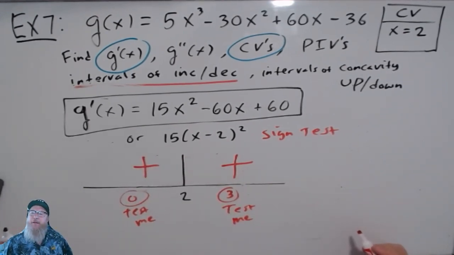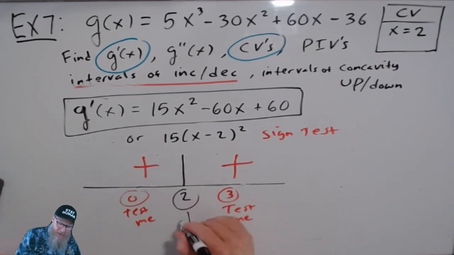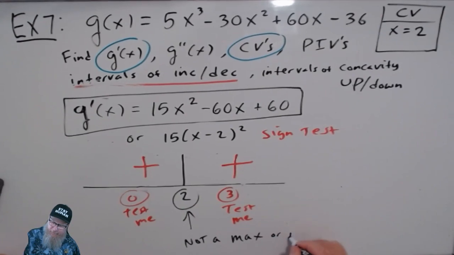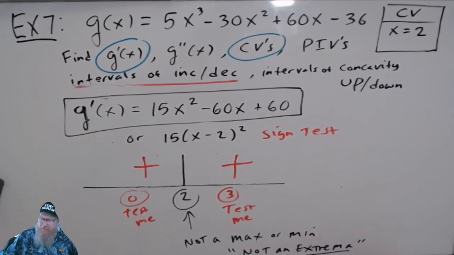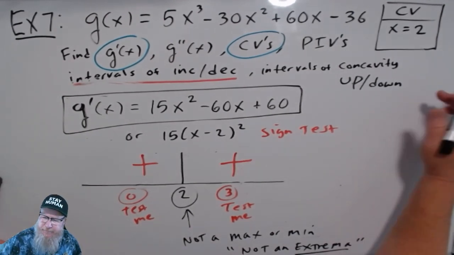So this means that it is not a max or a min. In other words, it's not an extrema, or extreme value. And the function is always increasing.